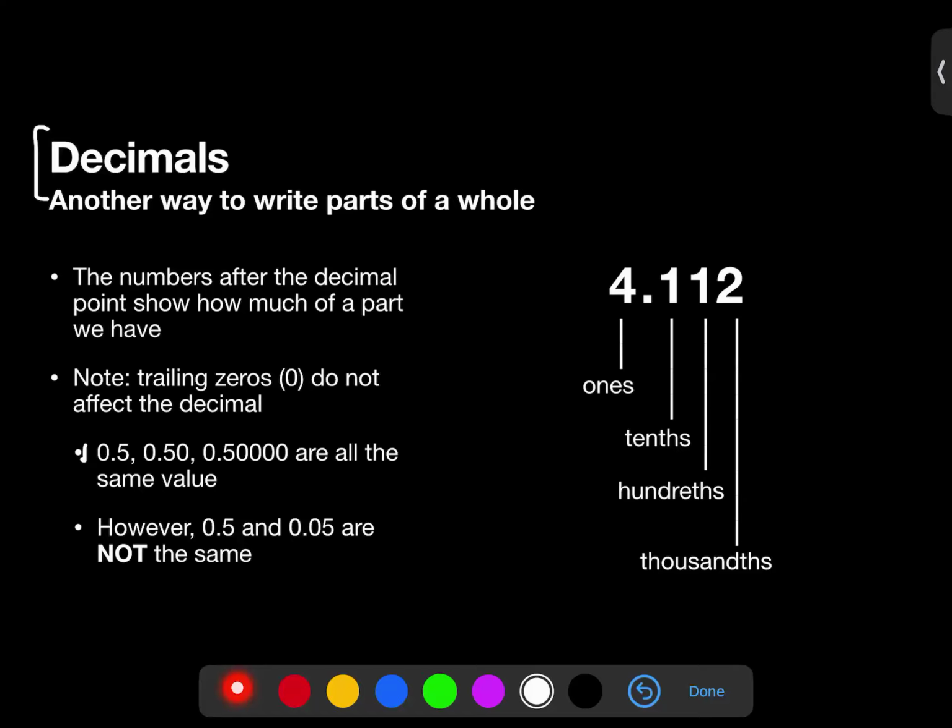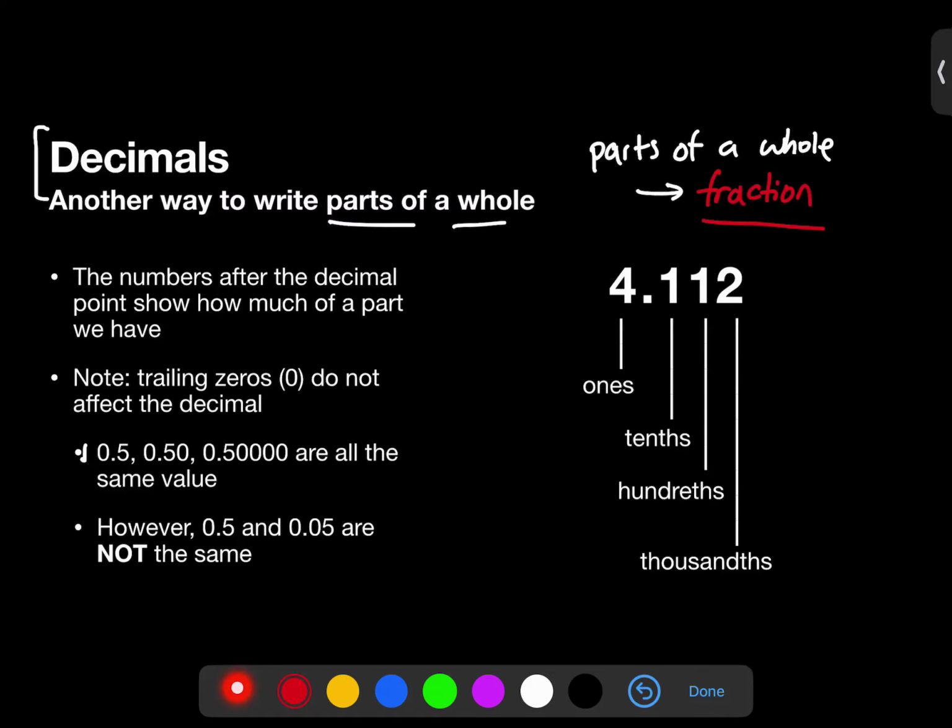Okay, so we'll start with decimals today. Maybe you have heard of them before, maybe you have not. But decimals are just another way to write parts of a whole. Remember, parts of a whole are what? Fractions, right?